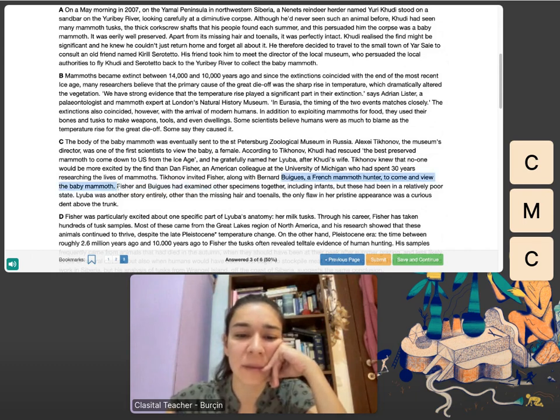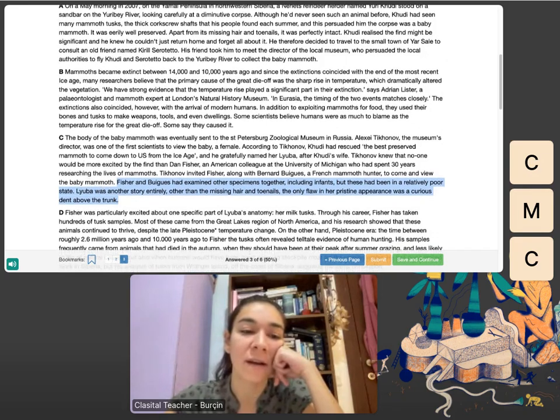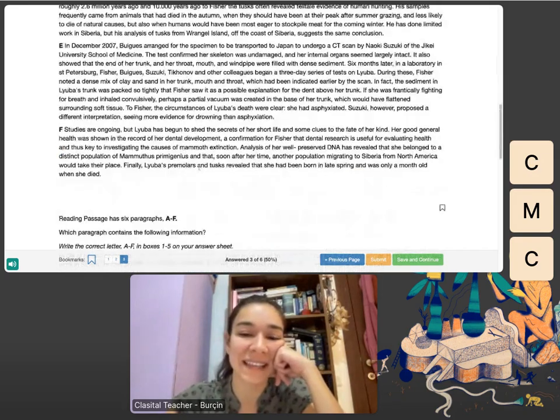Fisher and Buigues had examined other specimens together, including infants, but these had been in a relatively poor state. Lullaby was another story entirely. Other than the missing hair and toenails, the only flaw in her pristine appearance was a curious thinning above the trunk. So it makes my answer C.